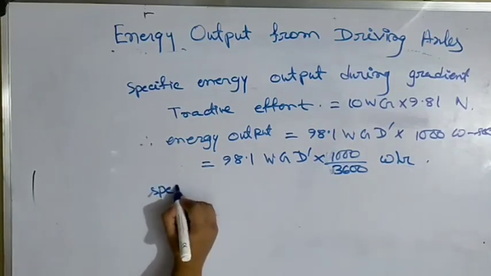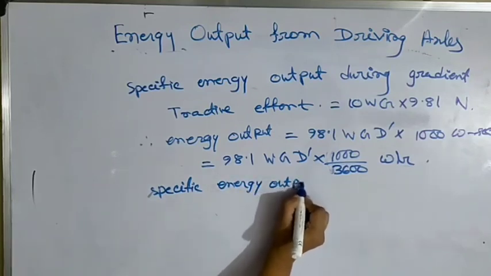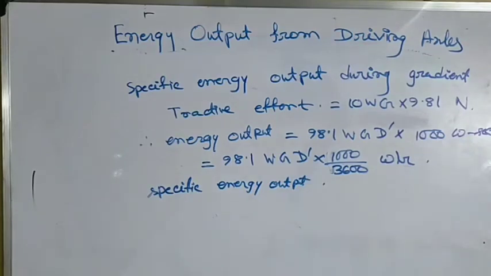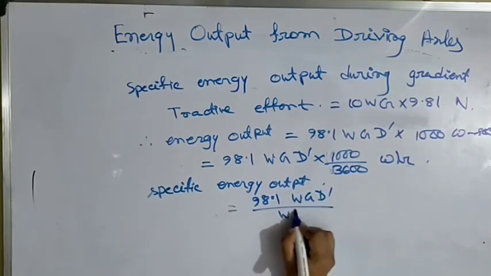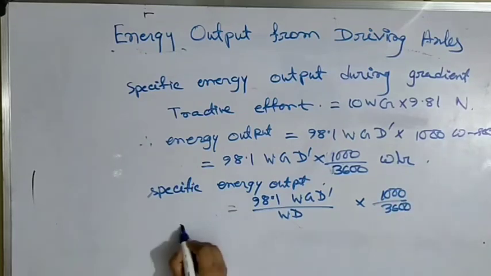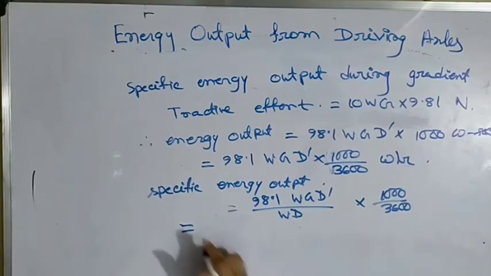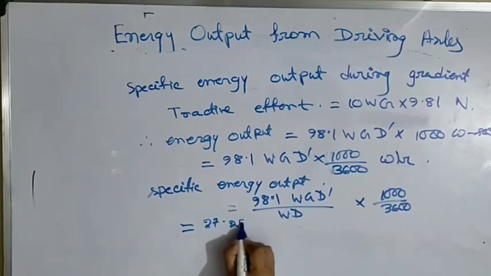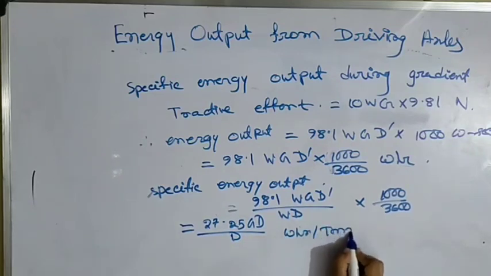Now specific energy output is equal to 98.1 Wg D dash by W D into 1000 by 3600, which is equal to 27.25 G D dash by D watt hour per ton kilometer.